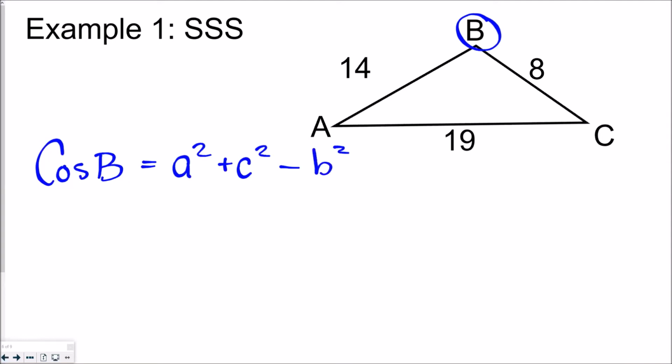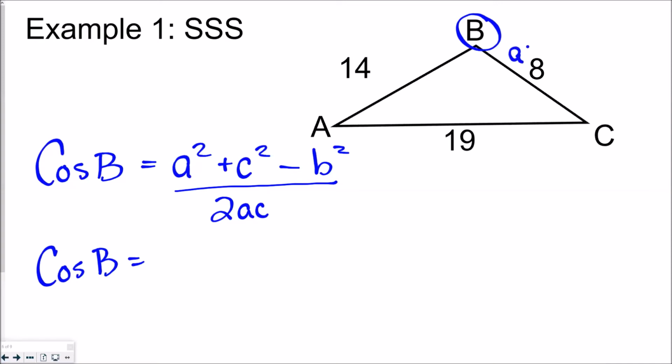And then 2 times the ones that don't go with the angle. It sounds complicated, but you don't really have to memorize it because you have your notes. Normally you would have to memorize this, and then you just plug things in. So I'm going to get cosine of B. If it helps, go ahead and label your sides.